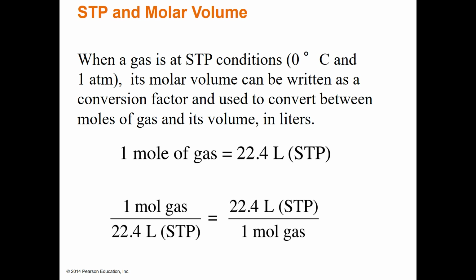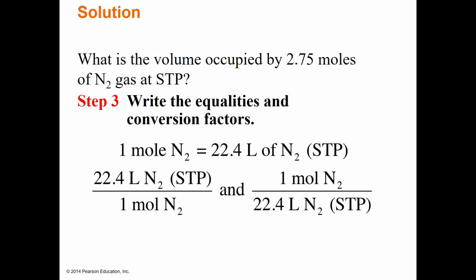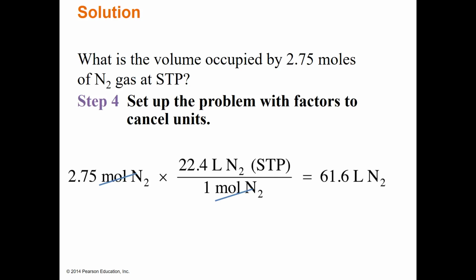All right, what's the volume occupied by 2.75 moles of nitrogen gas at STP? You know the volume of 1 mole of nitrogen gas at STP, and you can calculate for the 2.75 moles. When you're doing dimensional analysis, you want to start with the number that's given, and then look for a conversion factor to cancel out the units that you started with.